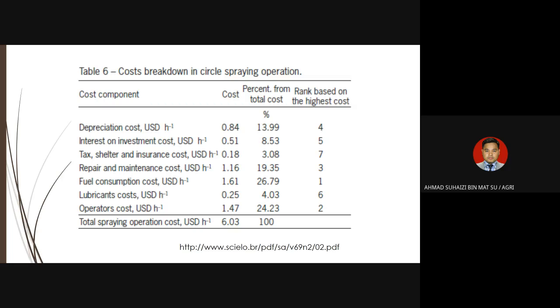This is the depreciation costs, interest costs, tax, shelter, repair, maintenance, fuel, lubrication, operator costs, and so on. So the total cost is about $6 per hour, which is more or less about 25 ringgit per hour for operation.